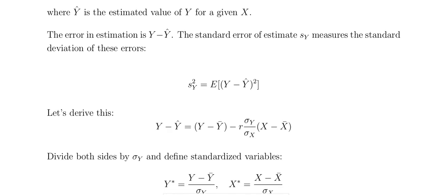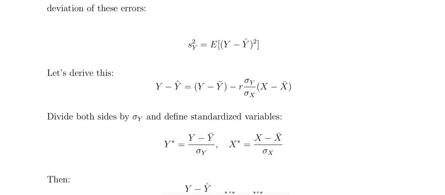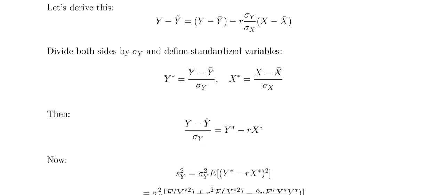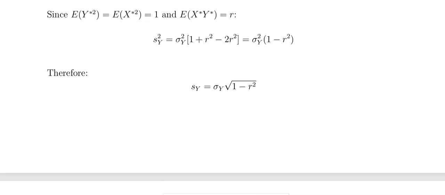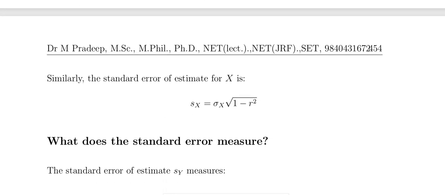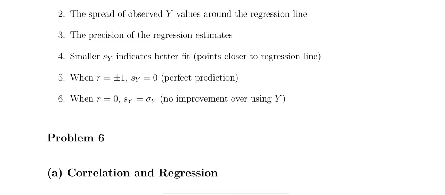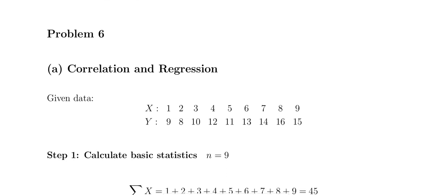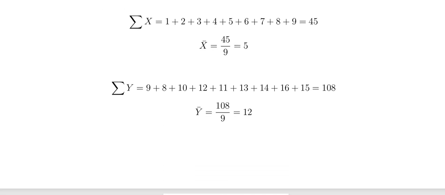The standard error sy is measured as sy square equal to E of (y minus y cap) whole square. Already we saw this. That is sigma y into root of 1 minus r square, the same formula, repeated. Leave it. And the correlation and the regression coefficient for the data x and y.